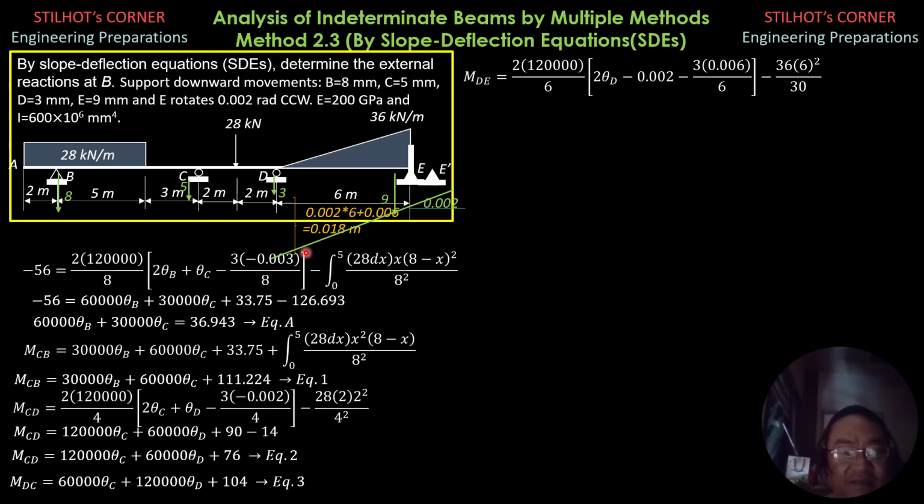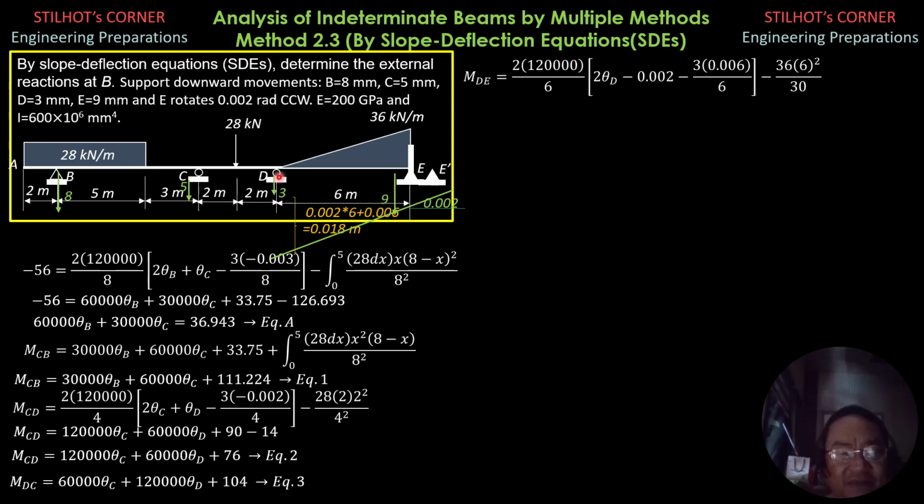Then the relative rotation, from D to E, we have rotation which is clockwise, 3 mm, this is 9 mm, so that would be 6 mm, and this is treated positive, so minus 3 times positive 0.006 over 6. By the way, this is from 3-moment equation solution.